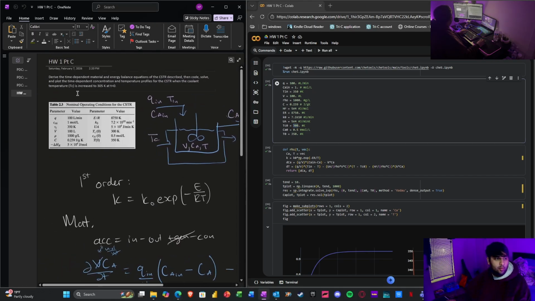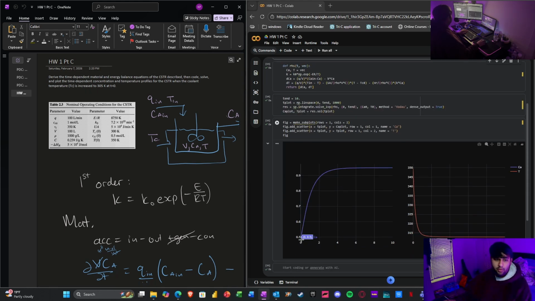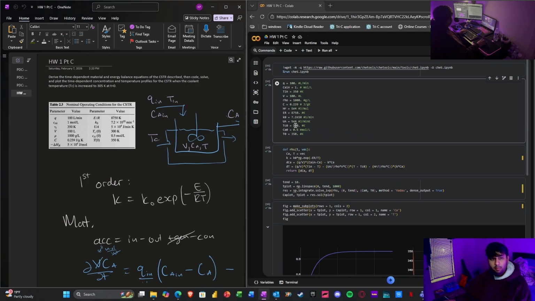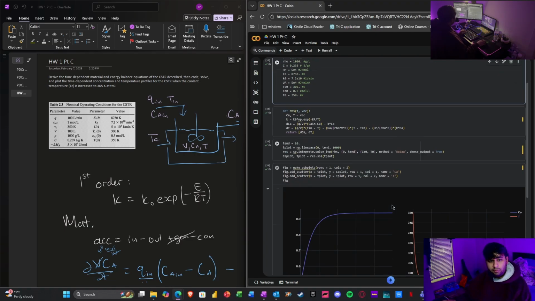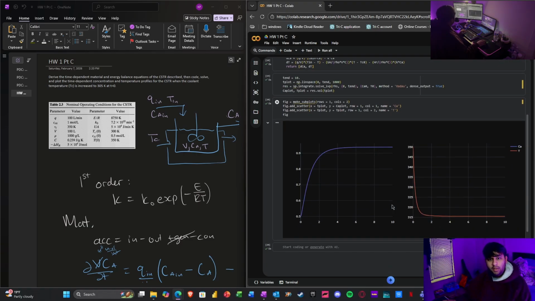But as it stated in the problem statement, we wanted to see what happens when we increase to 305. So right now what we're seeing is we're having a low concentration. It increases, and while it increases, the temperature decreases. But let's see what happens when we change it to 305. Nothing.